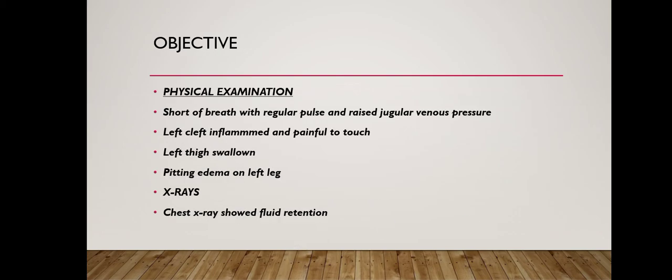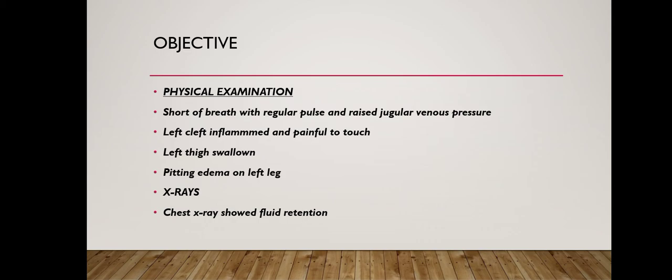In objective, when that person is physically examined, it was observed that he has been suffering from shortness of breath with regular pulse and raised jugular venous pressure, left calf inflamed and painful to touch also, left thigh swollen, pitting edema on the left leg.